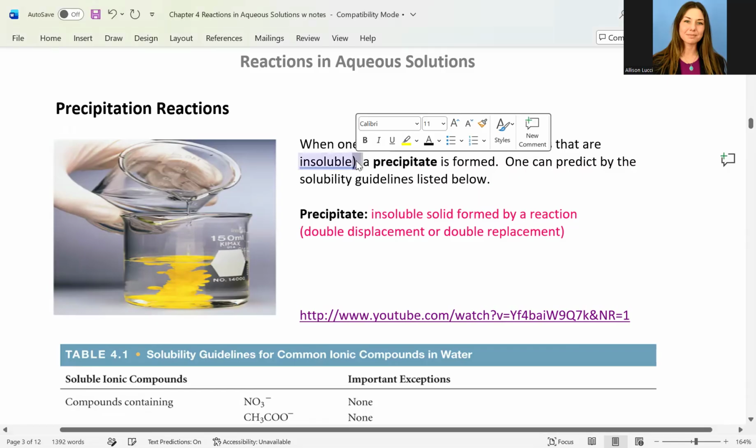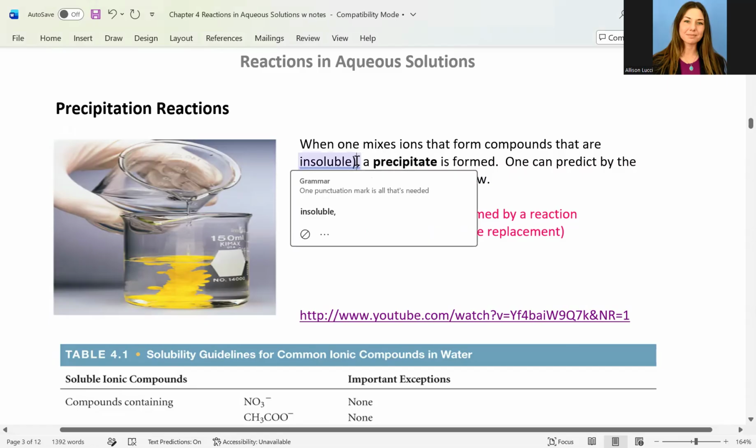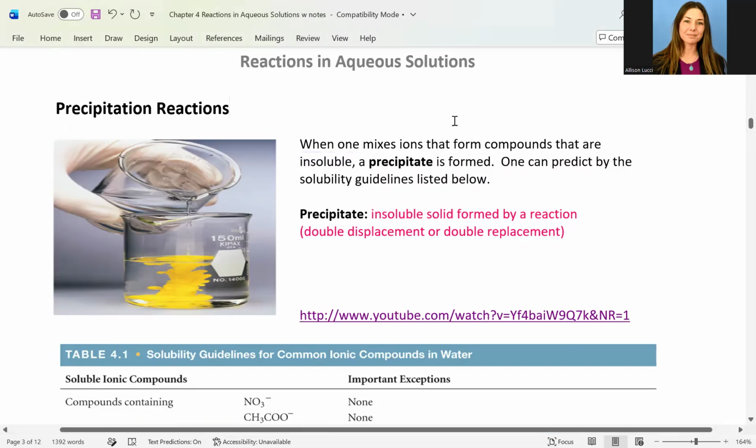This insoluble compound is what we're going to refer to as a precipitate. We can predict when a solid would form using some solubility guidelines that will be introduced below. In general, a precipitate is the insoluble solid that is formed by a reaction.